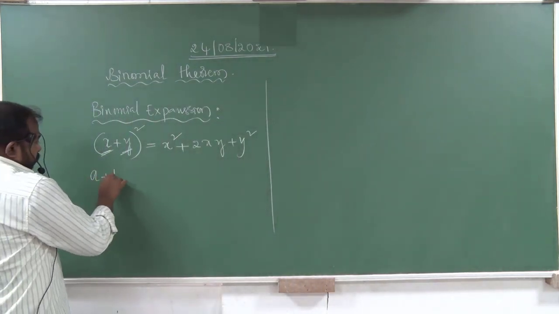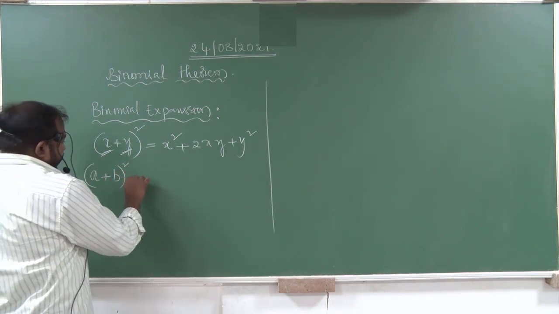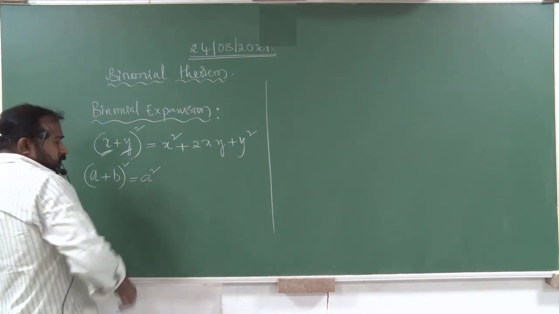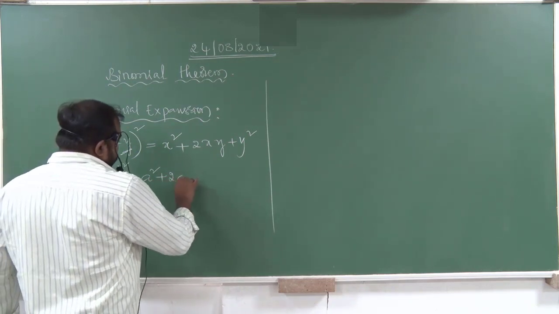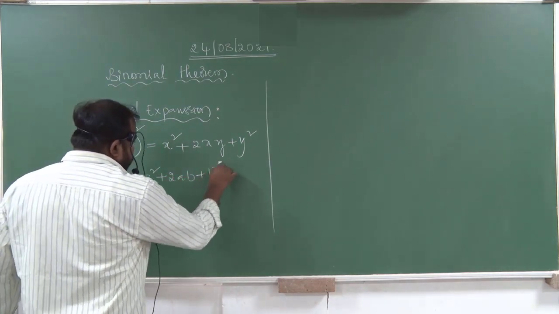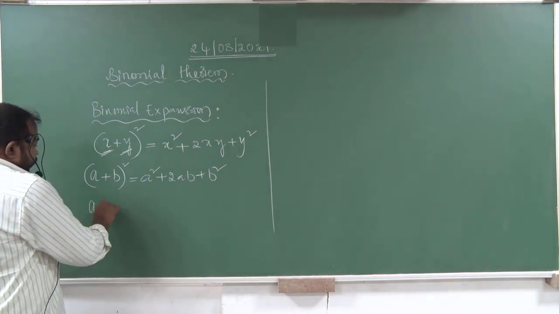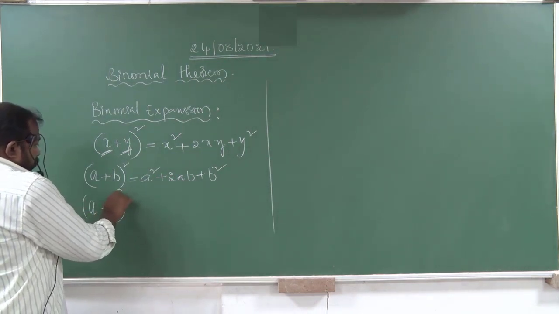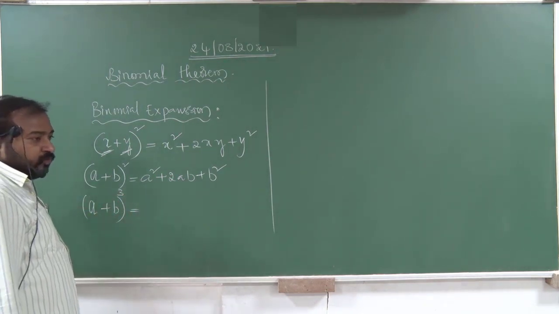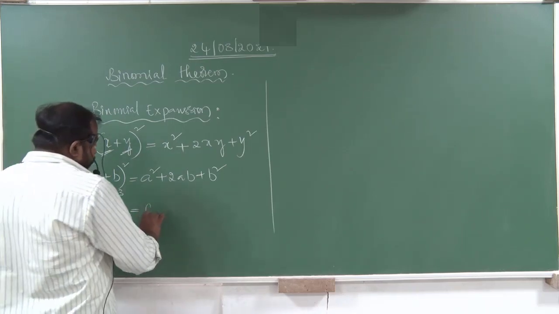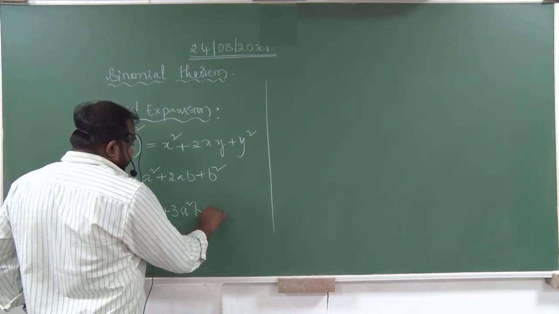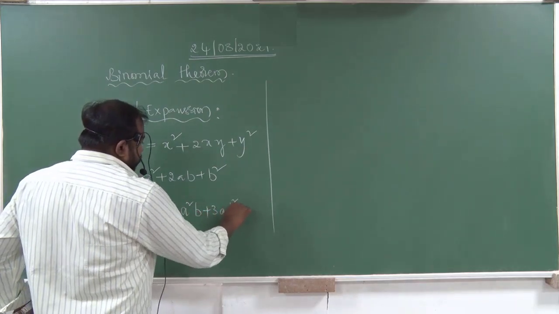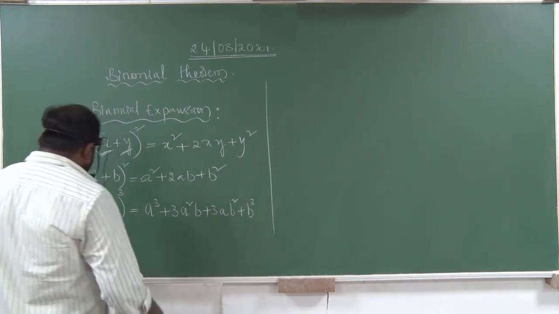Maybe all of you know the formula for (a + b)^2. That is (a + b)(a + b), which equals a^2 + 2ab + b^2. Next, what is the (a + b)^3 formula? (a + b)^3 = a^3 + 3a^2 b + 3ab^2 + b^3.